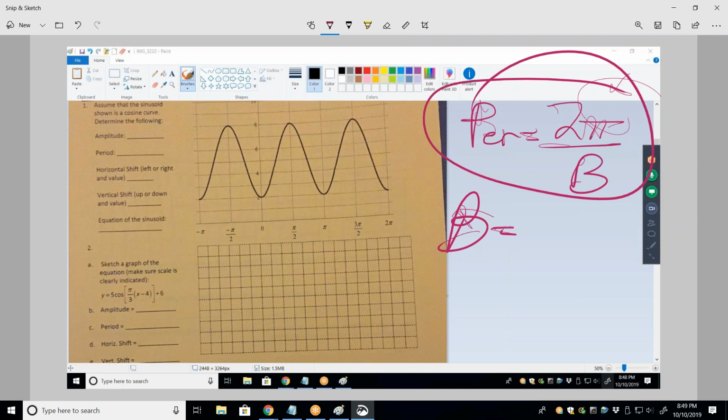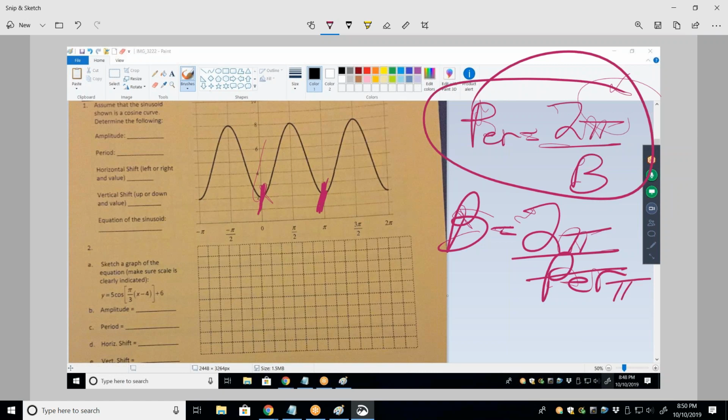Solve that circled equation for b. b equals 2 pi over the period, right? Well, we read the period from the graph. You know the period is from there to there, correct? So the period is pi.